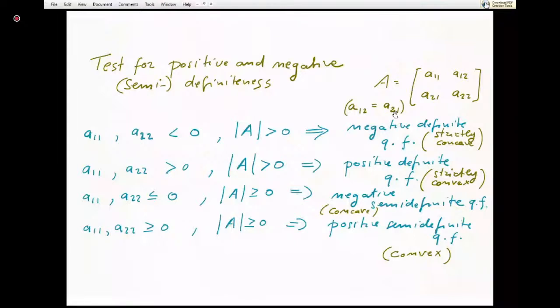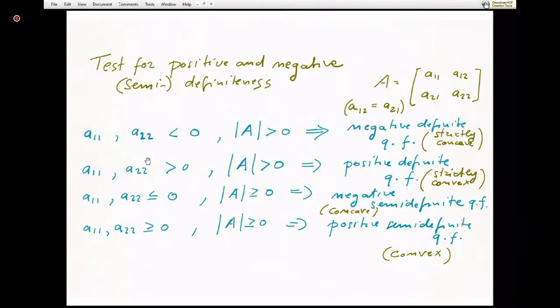We know that. If the two elements in the main diagonal, this one and this one, are negative, and the determinant of this matrix, which means A11 times A22 minus A21 times A12, is positive, then our matrix is negative definite, and the corresponding quadratic form is negative definite, and our function is strictly concave.